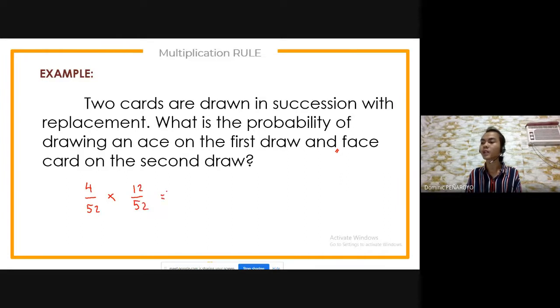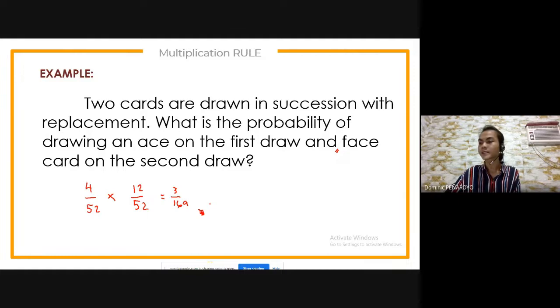Now, using your calculator, that would be 4 over 52 times 12 over 52. So the answer, in reduced fraction, is 3 over 169. So again, the probability of drawing an ace on the first draw and face card on the second draw is 3 over 169.